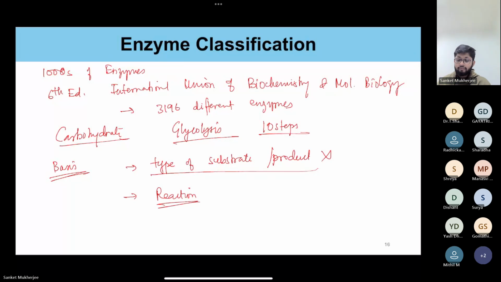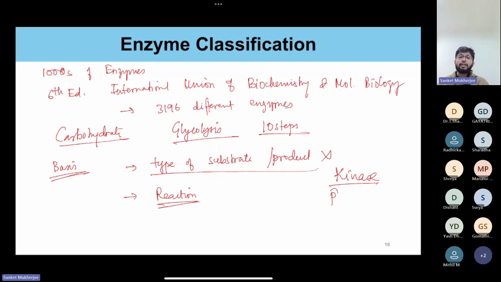For example, a kinase, any kind of kinase, would add a phosphate group to the substrate. Transferases will transfer some group onto the substrate. So this is how they are classified.